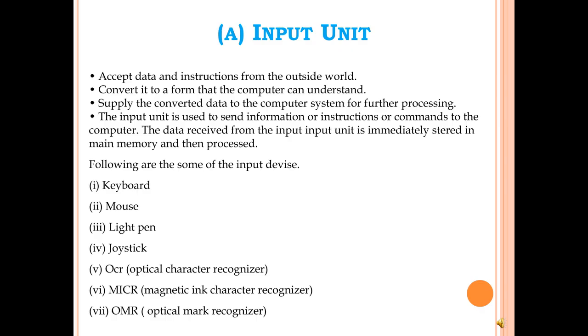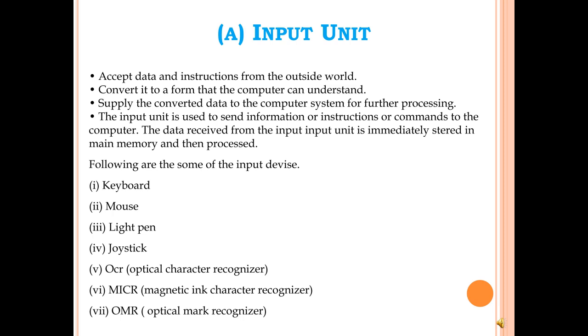The input unit is used to send information, instructions or commands to the computer. The data received from the input unit is immediately stored in main memory and then processed.